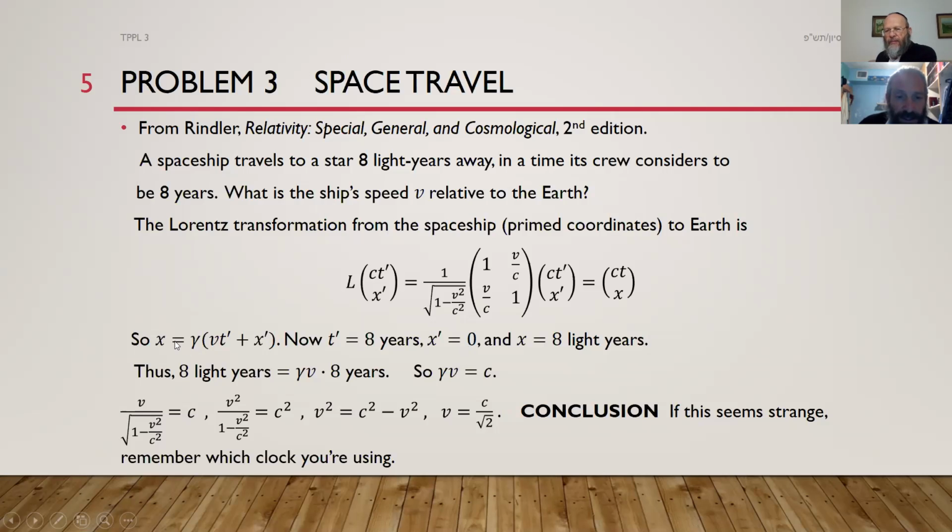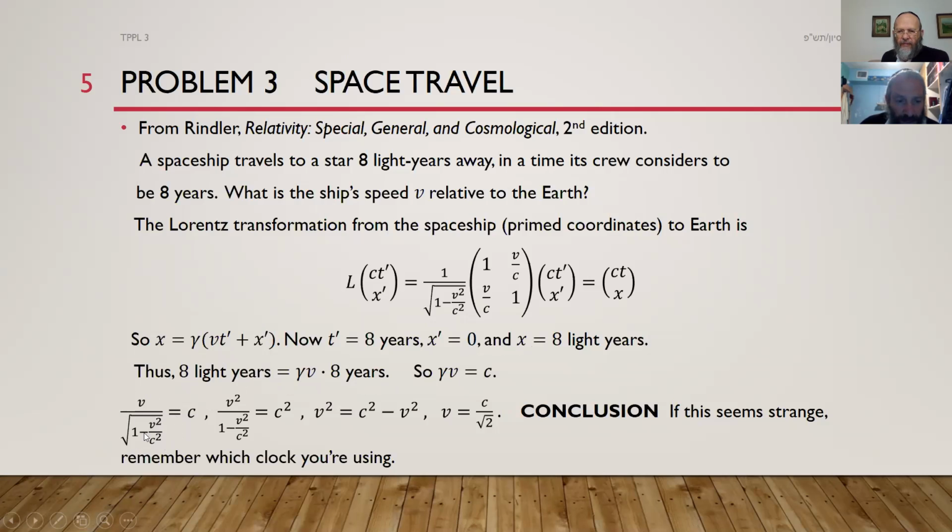And x is the distance to the spaceship as measured from Earth, which is 8 light years. So plug everything in, you get 8 light years equals gamma v times 8 years. So the 8's cancel, and a light year is 1 year times c, the speed of light. So gamma v equals c.